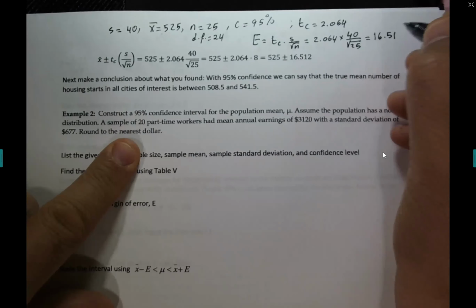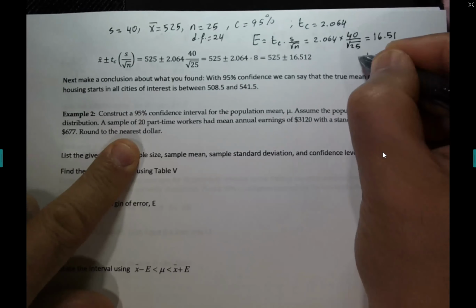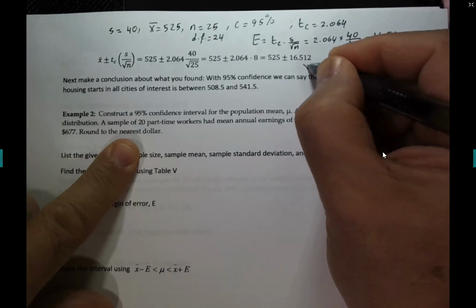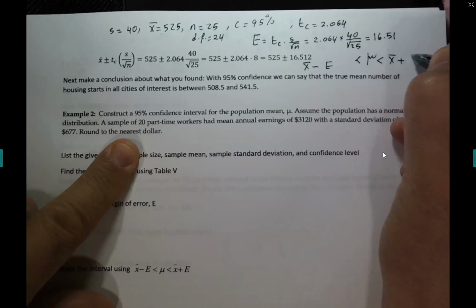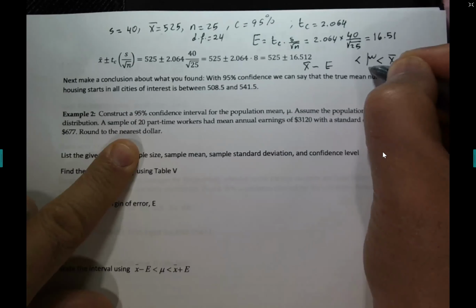And now your interval, guys, is X bar minus E and X bar plus E. So you just do mean between.